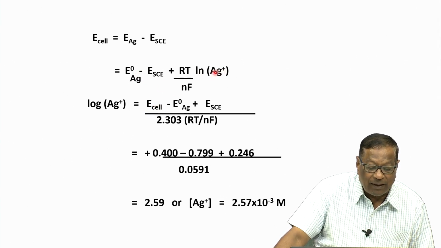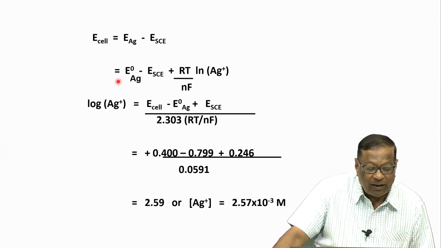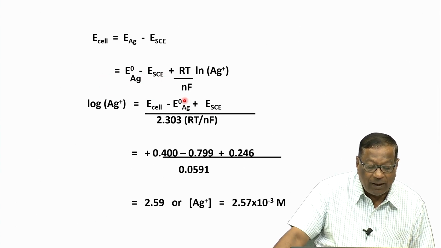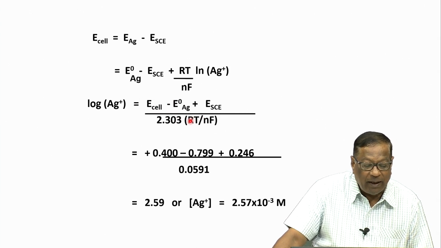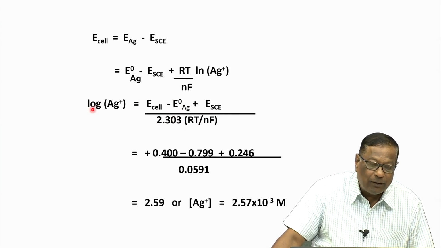I am retaining this side, transferring everything on the left hand side. So, E cell minus E naught Ag, this comes here, plus E_SCE, this minus sign becomes plus, E_SCE goes there, and then divided by 2.303 RT by nF. This 2.303 appears because I am converting that into log scale, not natural logs.